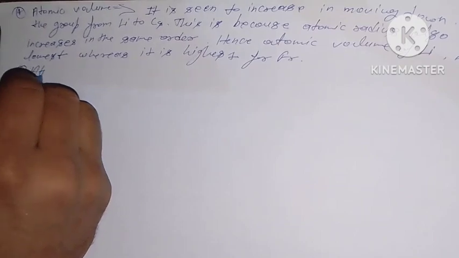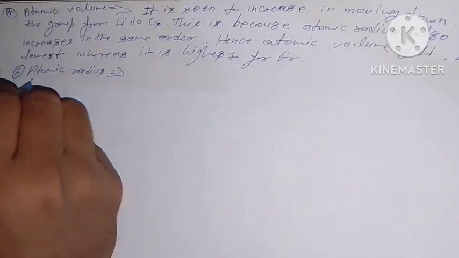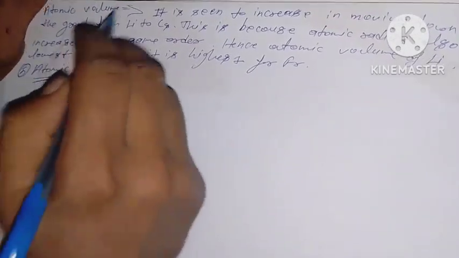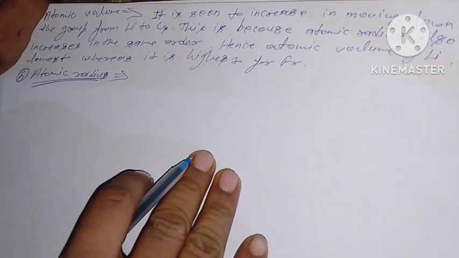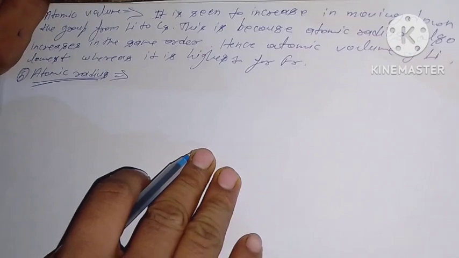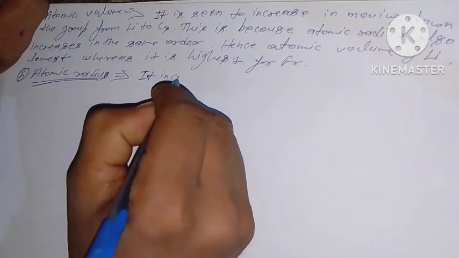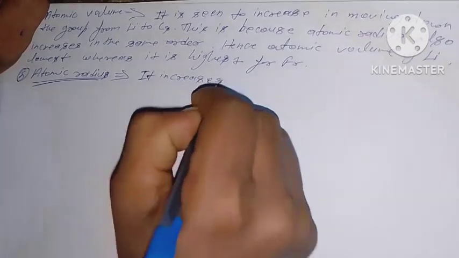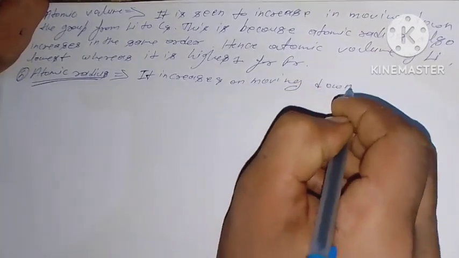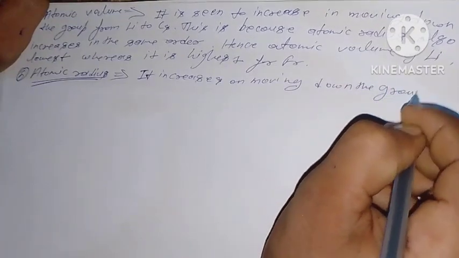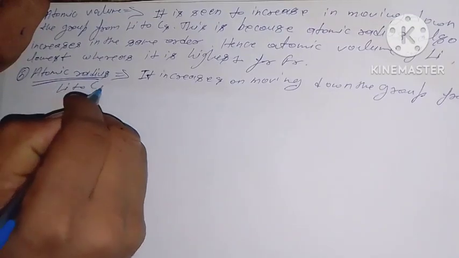Okay, next, fifth point, atomic radius. It increases on moving down the group from lithium to cesium.